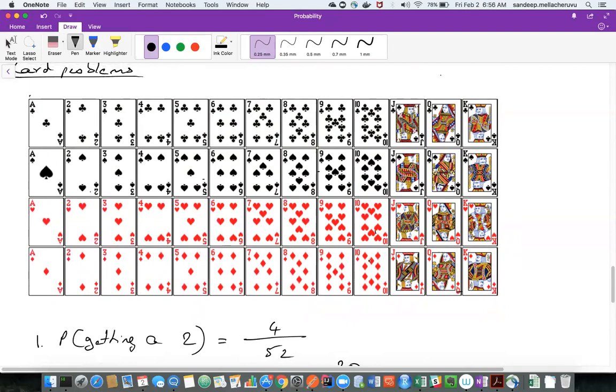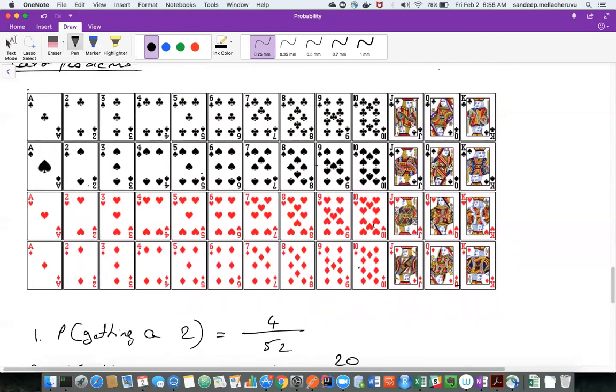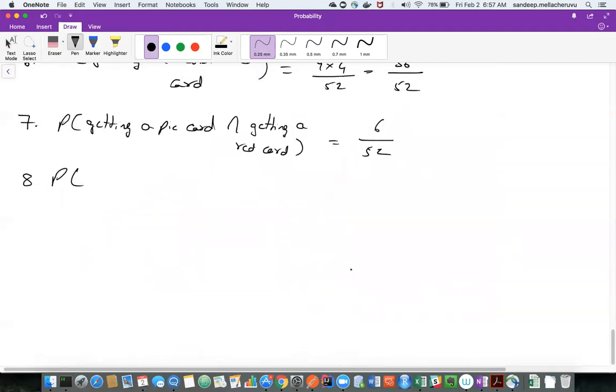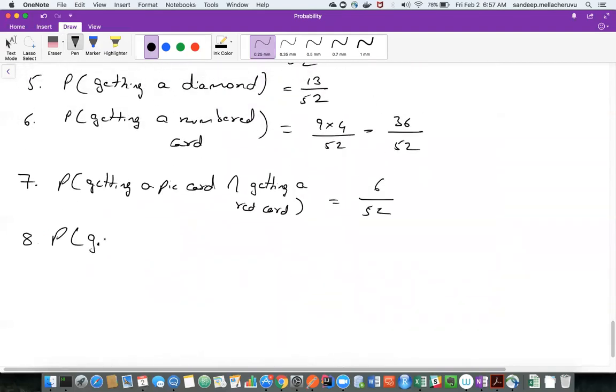So in this case, my question is probability of getting an even number intersection getting a black card. How many are there?